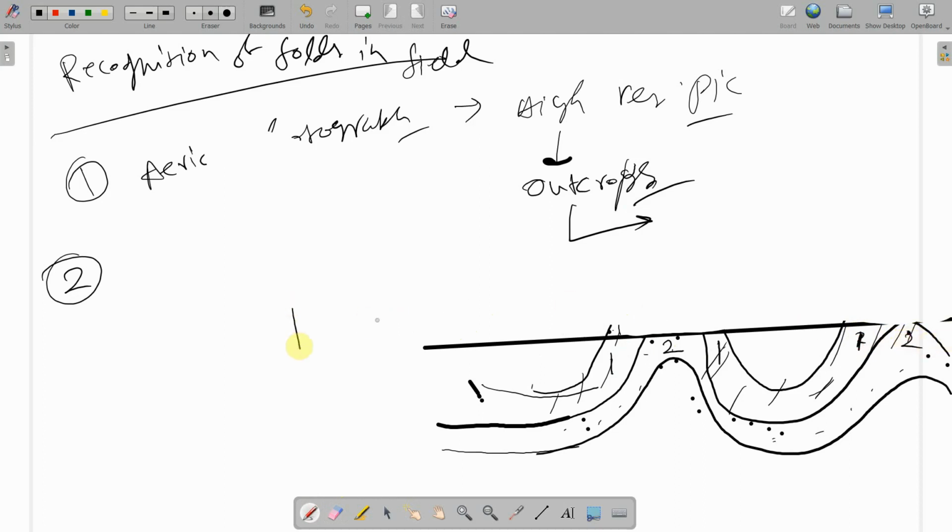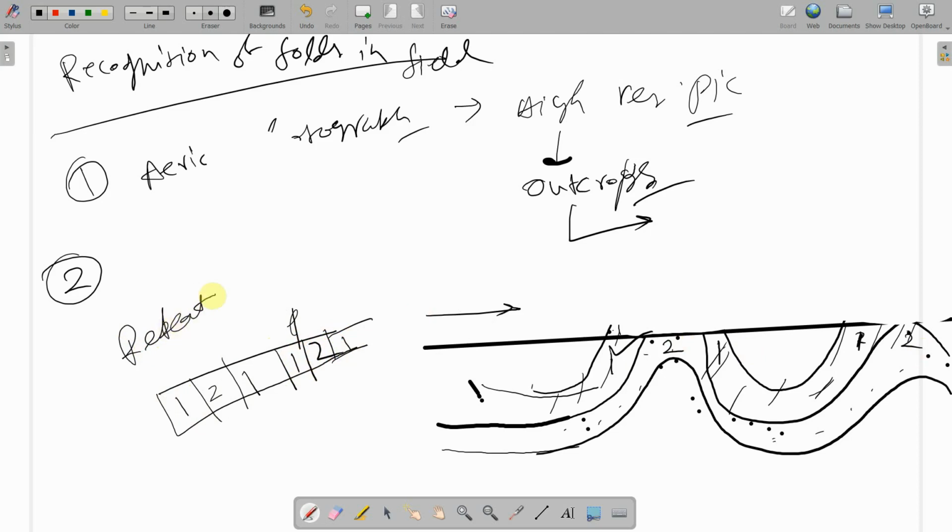If you travel from this side to this side doing the structural mapping, first you will see strata 1, then strata 2, then 1, then again 2, then again 1. So you are seeing a repeating pattern, and by seeing this repeating pattern you can identify that a fold structure is there.